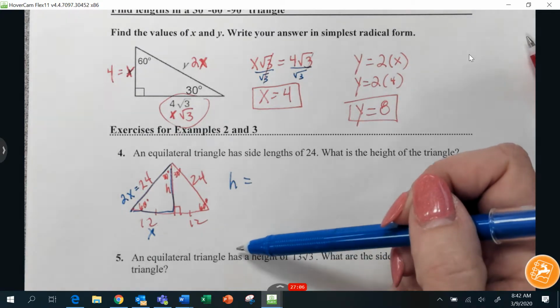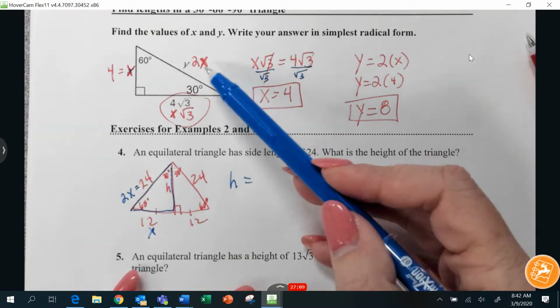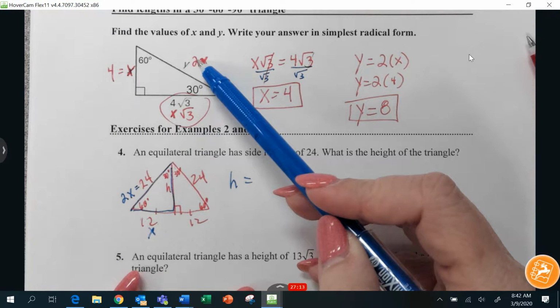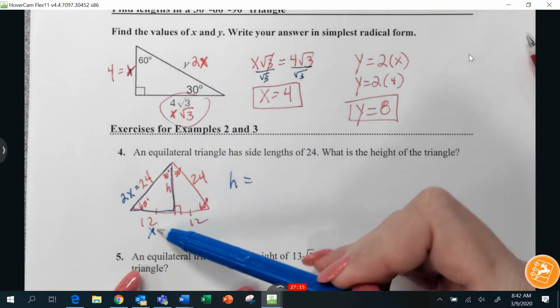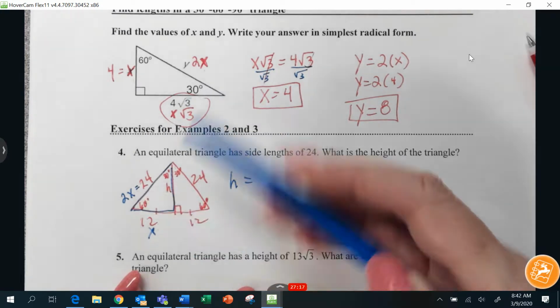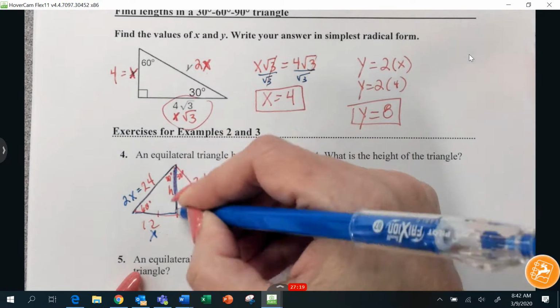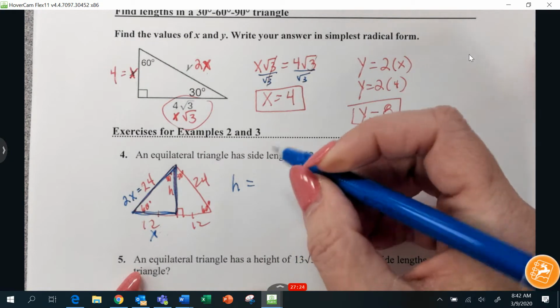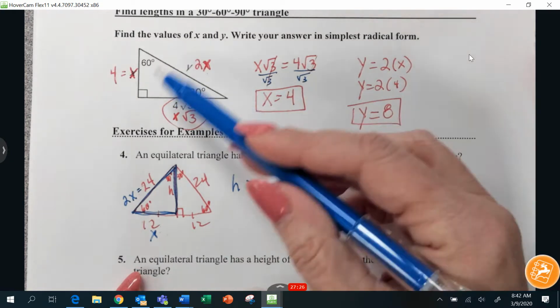I wrote it in red here. So you see the x and the 2x, and then down here I have the x in blue and the 2x in blue. I need to find this formula with x's. Well, what's the one I didn't repeat up here?